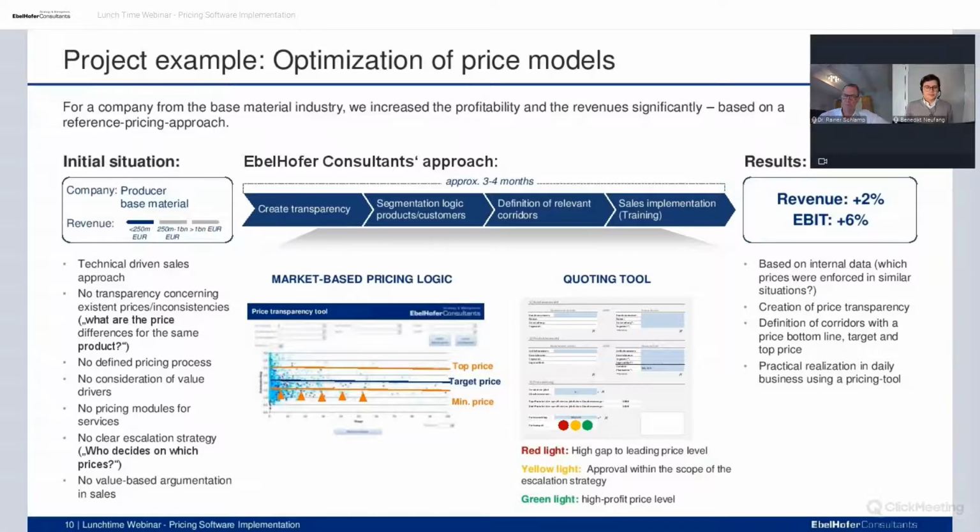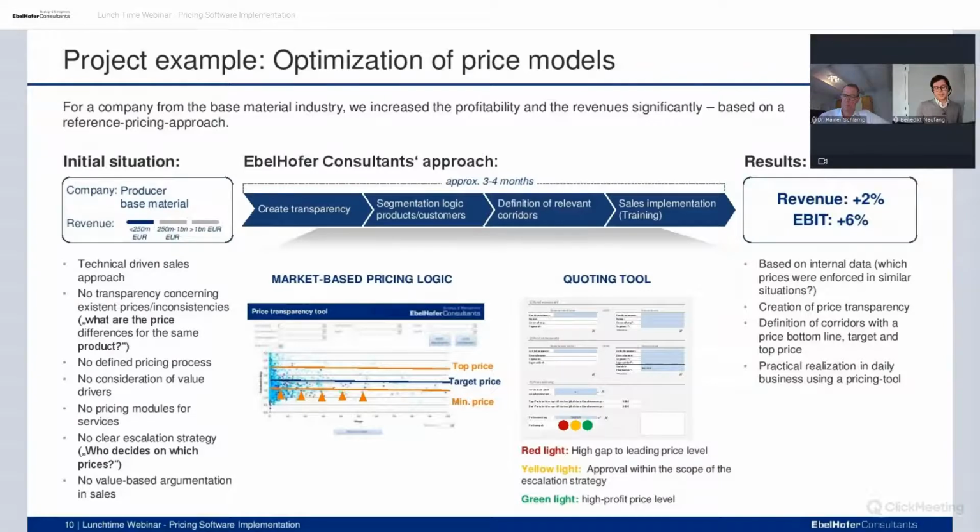This tied in quite nicely with the kind of support that we typically provide our clients with before they even start looking for a pricing software, because it makes absolute sense to think about how the pricing should work in the future once you have implemented the pricing software, and what kind of price model you want to implement.